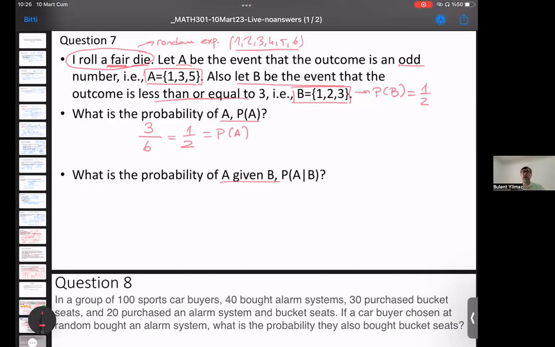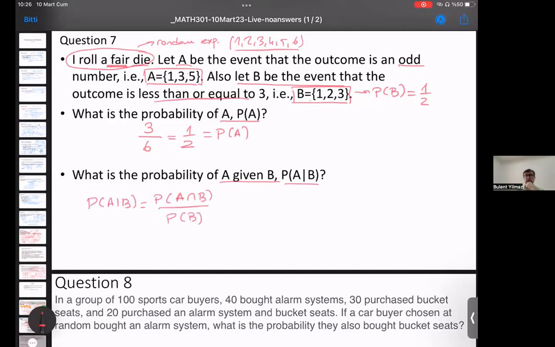I'm interested in how you tell me the A given B thing. What does the probability of A given B mean? Let us write the formulation. A given B is equal to the probability of A intersection B divided by the probability of B.